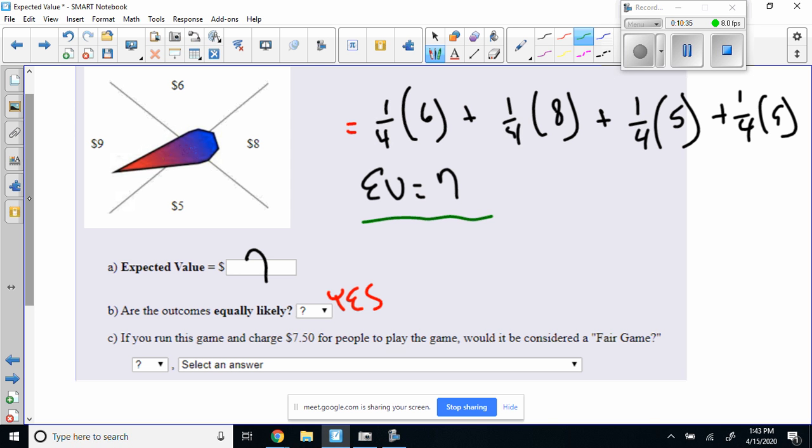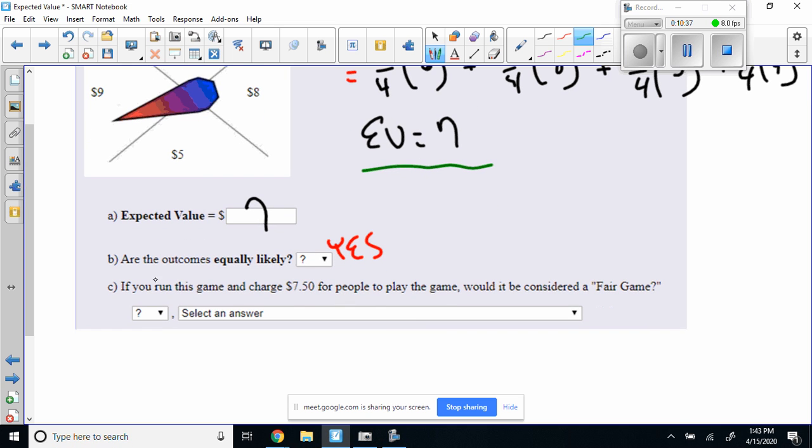Now, here's the question. If you run this game and you charge $7.50, and my expected value on my problem was $7, right? Would it be considered a fair game?